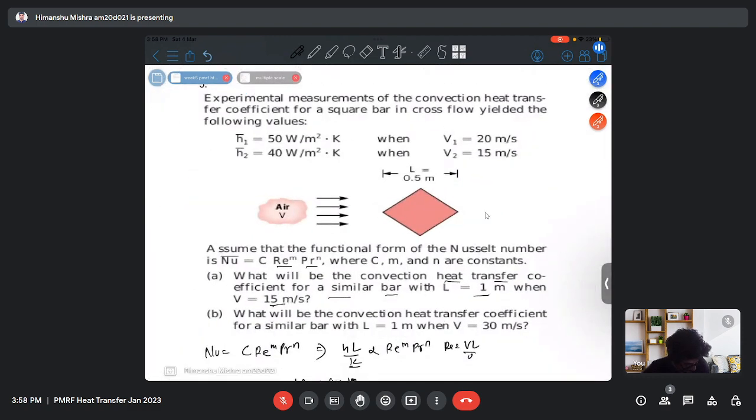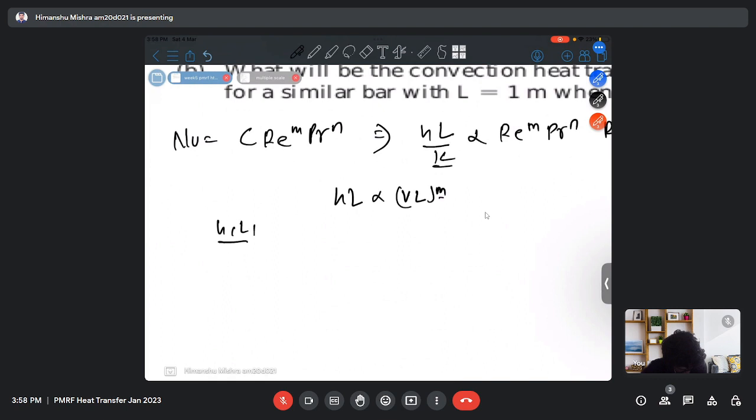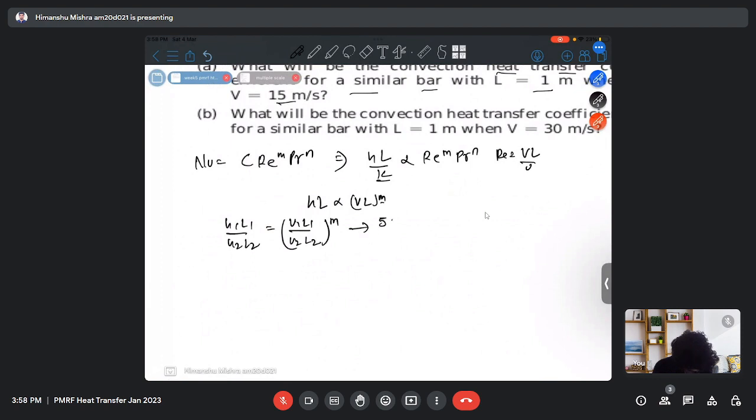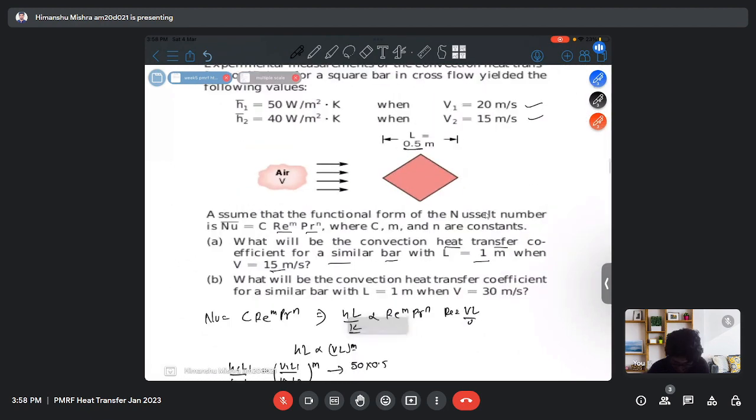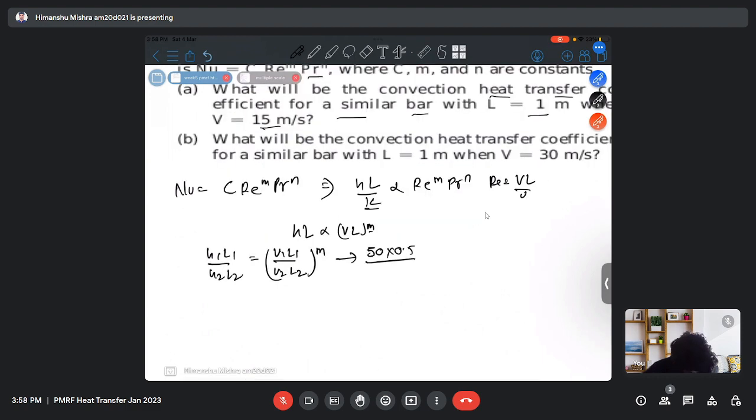So we have given data for V1 and V2. So we can use this data to find m. So my H1 is 50, my L is 0.5, and H2 is 40.